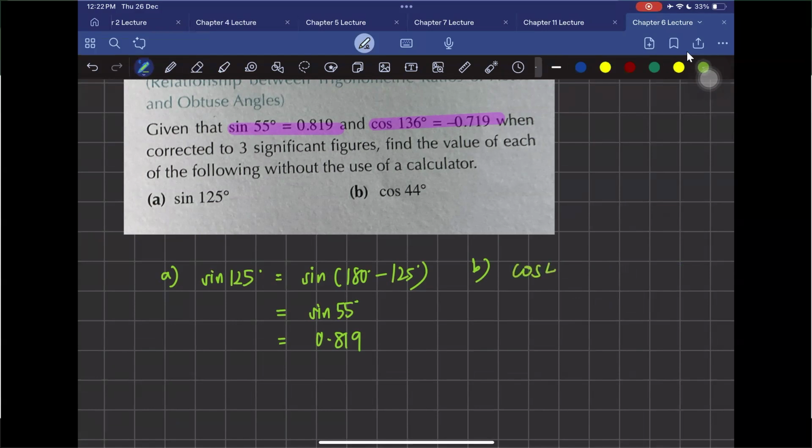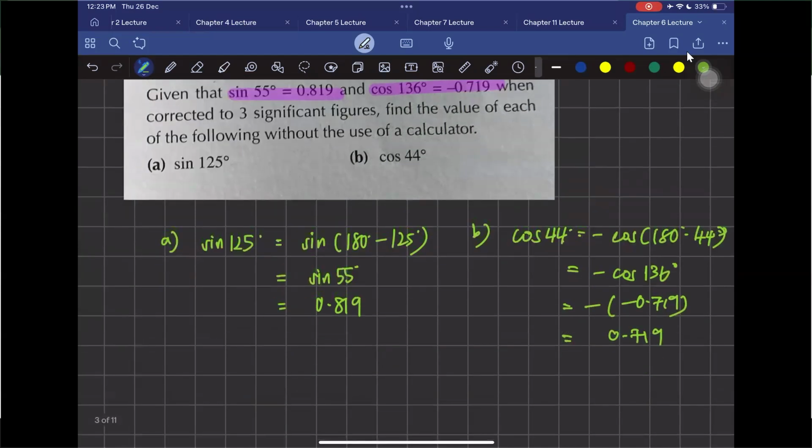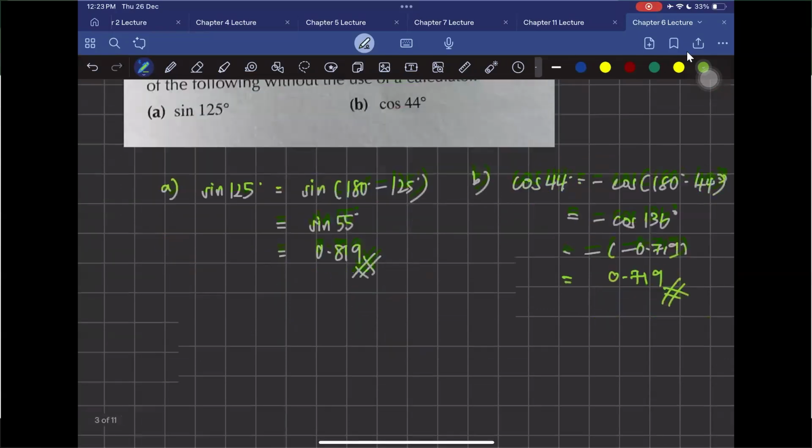So cos 44 degrees equals to negative cos 180 minus 44, which is equals to negative cos 136 degrees. So minus 0.719. Okay. So we should be able to get this answer without the use of a calculator.